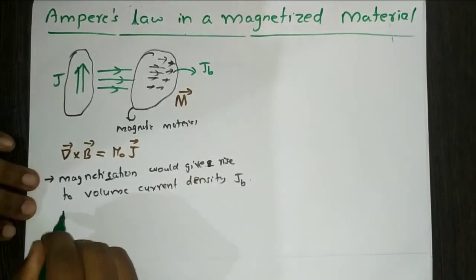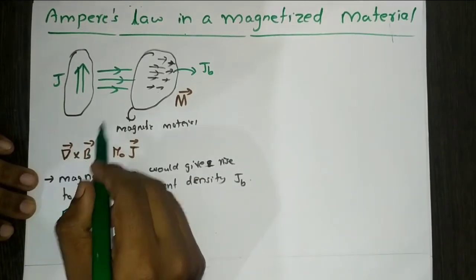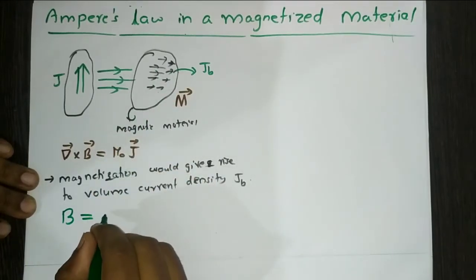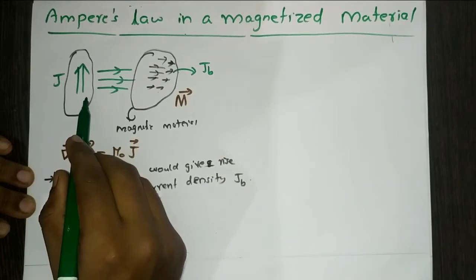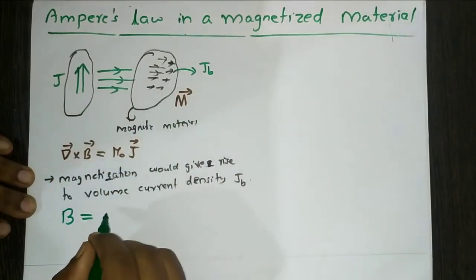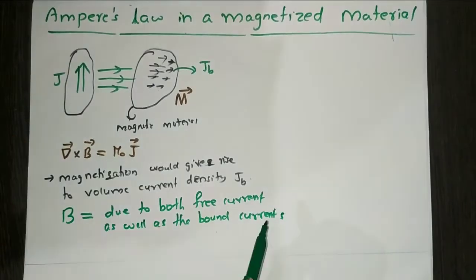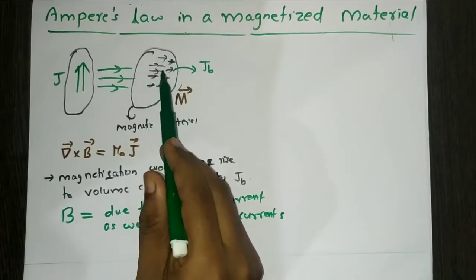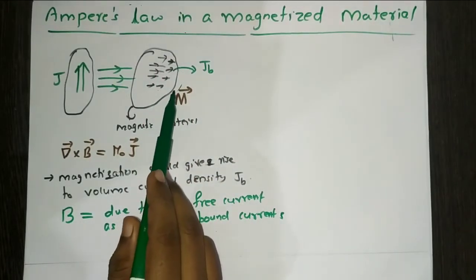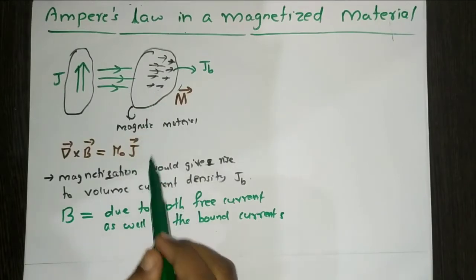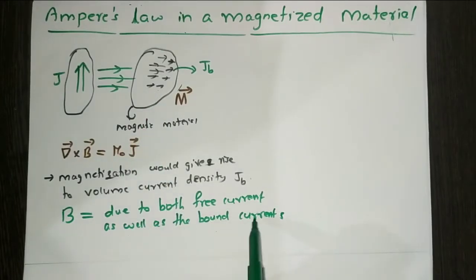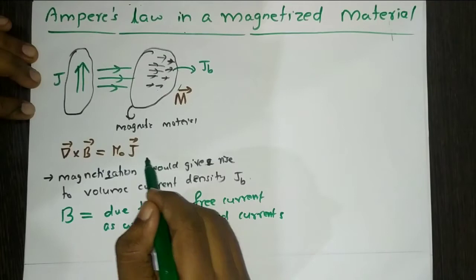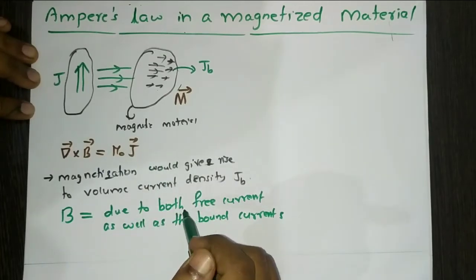Therefore, I can write the total magnetic field in this body as due to both the free current as well as the bound currents. For this magnetic material, we need to consider both currents, which means this J needs to be replaced by the free current plus the bound current.